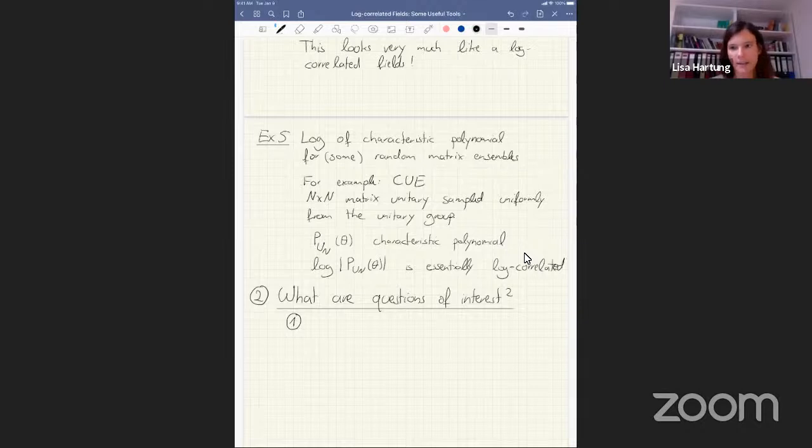In these energy landscapes, what you would like to understand are, for instance, level sets. You have this physical system, it's log correlated, and you may want to understand how many sites have an energy roughly equal to a certain value. What has been a very prominent theme in understanding log correlated fields in detail is the study of the extreme values.